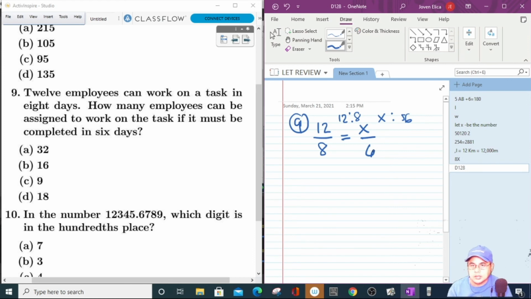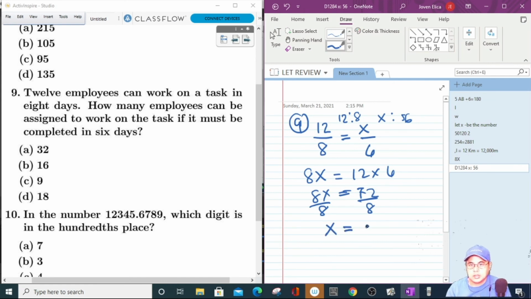Just equate that and get the value of x. Cross multiply: 8x is equal to 12 multiplied by 6, which is 72. Divide both sides by 8. The value of x is equal to 9. 9 times 8 is 72. So the answer is letter C.